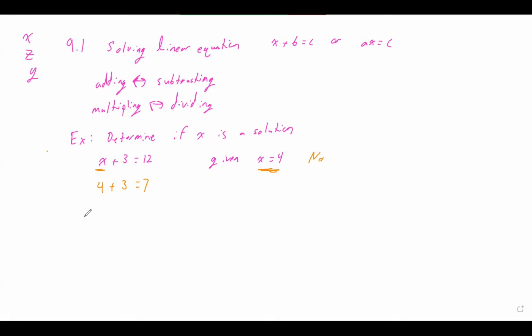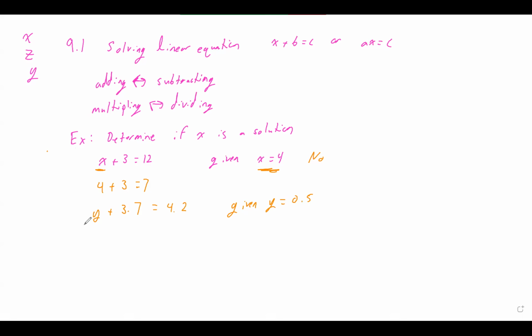And then the next one, let's try a different one here. We have y plus 3.7 equals 4.2, given x equals 0.5. Oh, not x, that's a y. Never understood why they always want to keep switching up the letters.